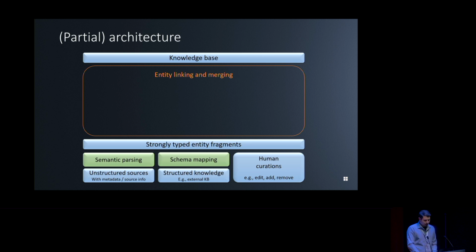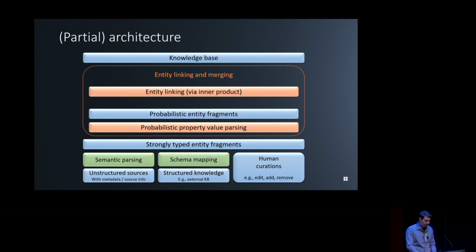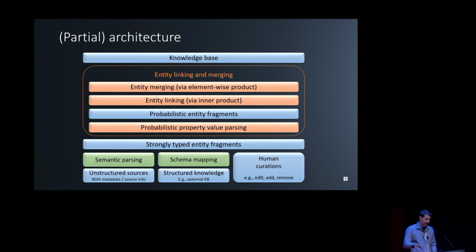Right, so inside of this box, what happens is that we take these entity fragments and convert them into probability distributions using the functions that I just showed, which I now call the probabilistic entity fragments. These are really the ones that were converted into distributions.